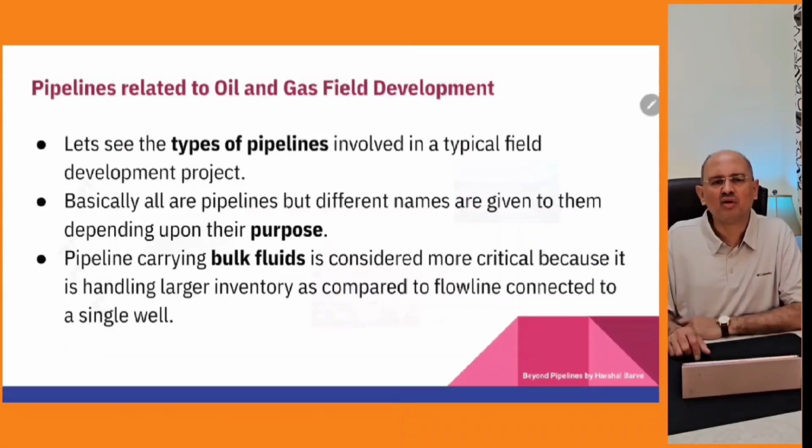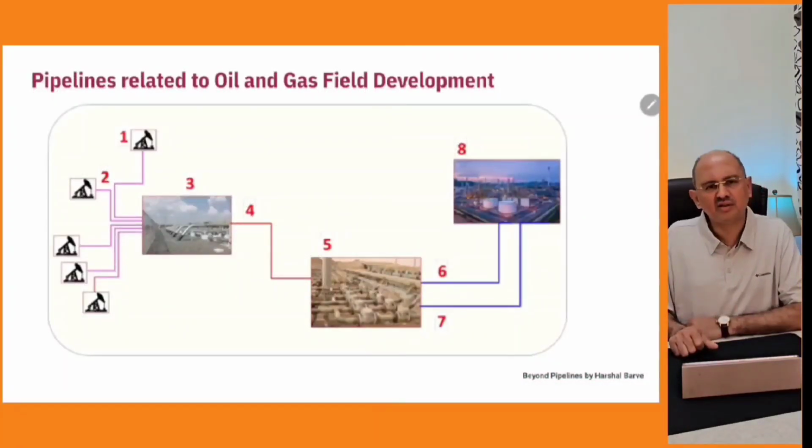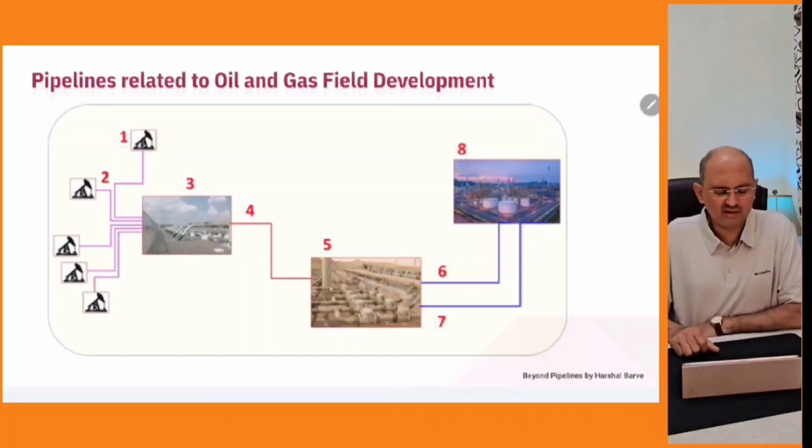So the more volume the line is going to carry, the more inventory it is going to lock, the more critical it becomes, and accordingly the design features are selected based on that, which will come in the future series of lectures. But at the moment we are only going to see what the types of lines are and how they are described in that fashion.